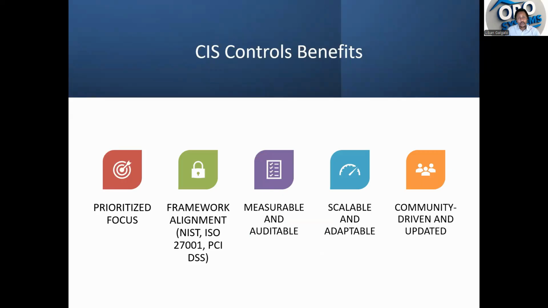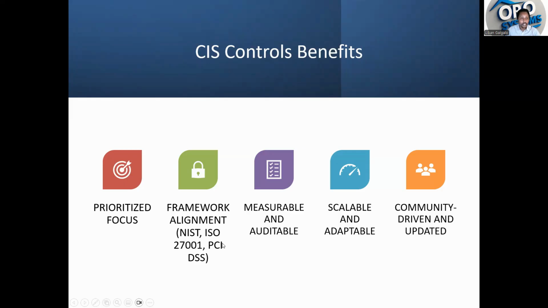So what is the benefit of using all these controls? The first thing is that it's prioritized. It doesn't focus on everything. It should be prioritized one over another. Then there is framework alignment, like NIST, ISO 27001 or PCI.